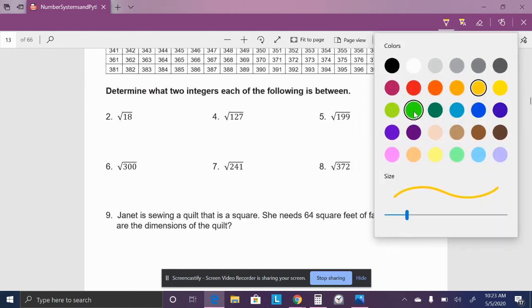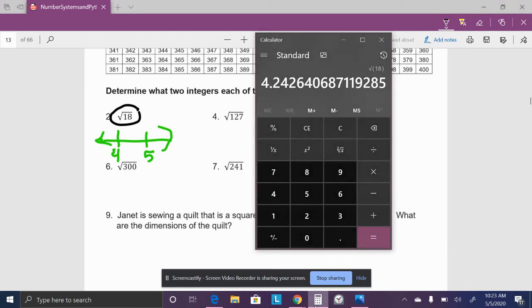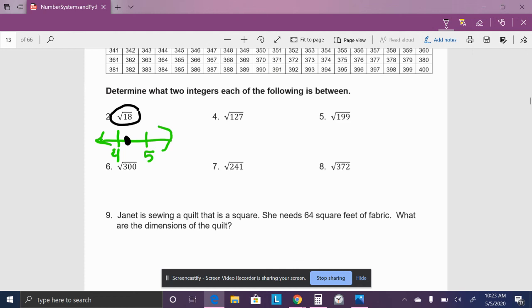So what I do sometimes is I just draw a little number line. Okay, and it's going to be between 4 and 5. That's where this number is going to lie in between. Let me see, 4.2, so it's probably going to be somewhere right in here on the number line. So it's between 4 and 5 on the number line.